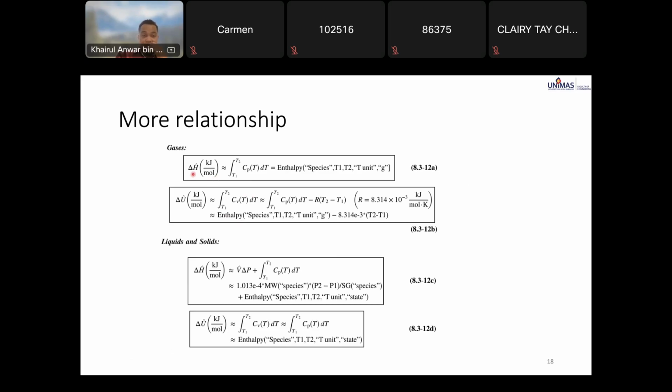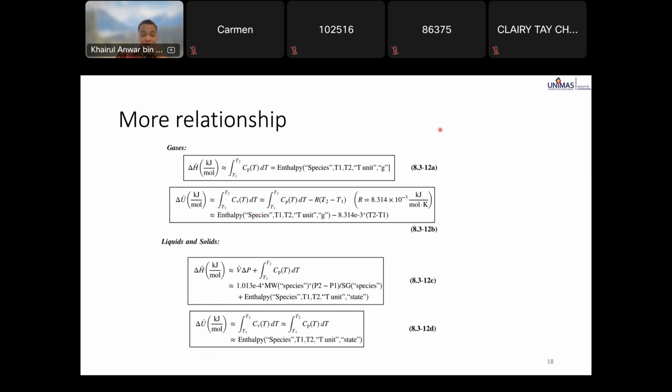The difference between enthalpy and specific internal energy: you see there, the Cp is for delta H, enthalpy, and Cv is for internal energy. So the equation here uses Cv.